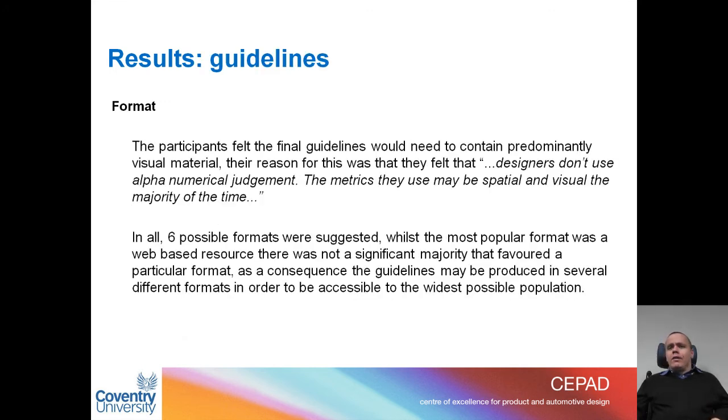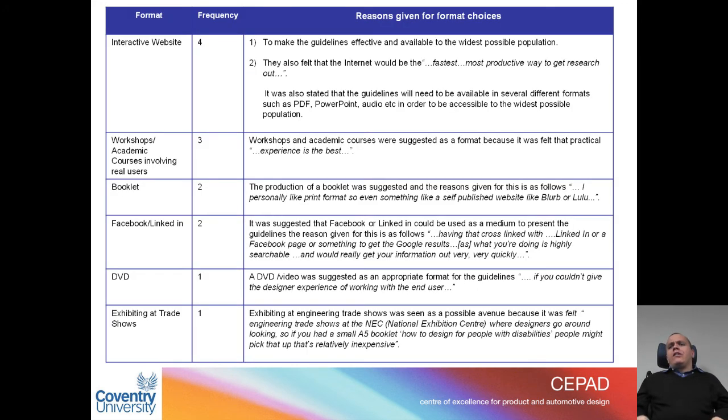As for format of the guidelines, there were 6 formats suggested in total, and the designers felt that the format of any guidelines would need to be incredibly visual, because designers are visual people. As you can see, they range from an interactive website to workshops, DVDs, Facebook and LinkedIn.